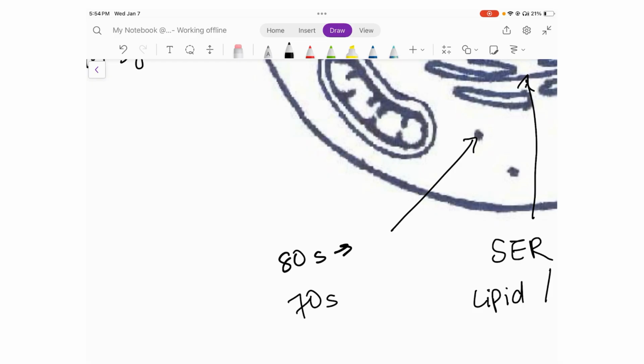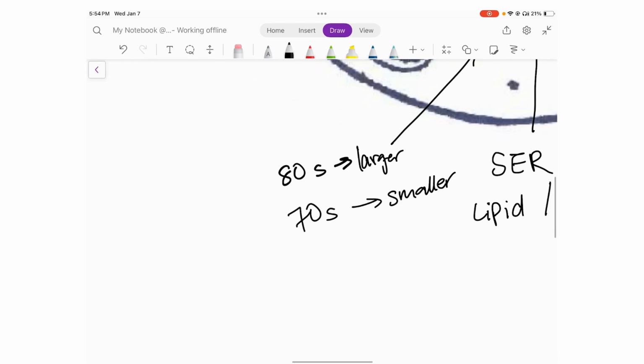These tend to be the larger variety, and these are smaller. You can find 80S ribosomes in eukaryotic cells, and 70S ribosomes are found in mitochondria, chloroplasts, and prokaryotic cells.